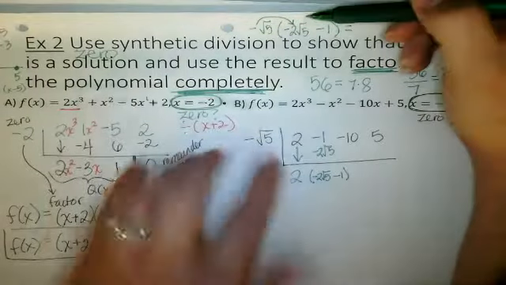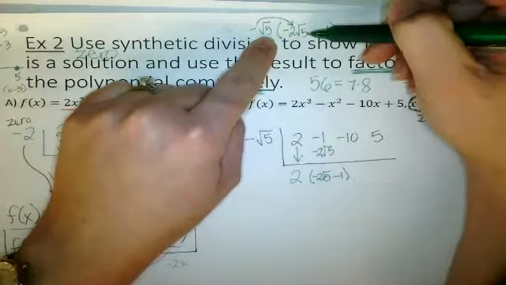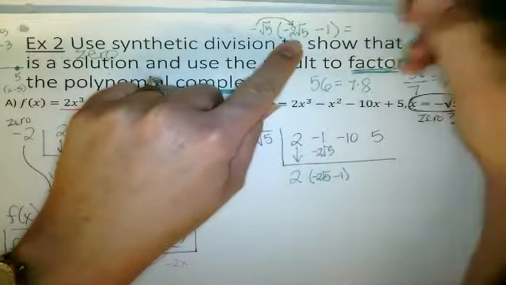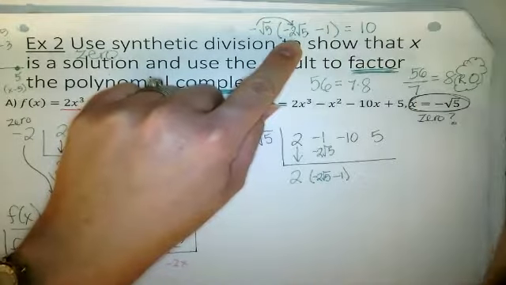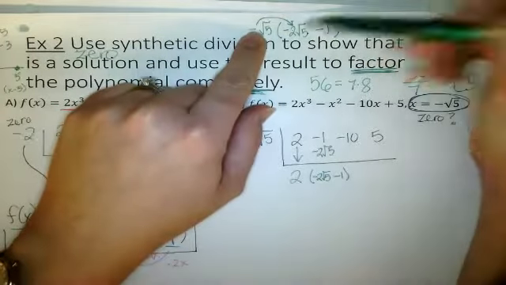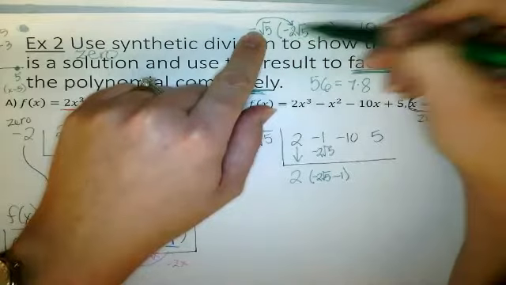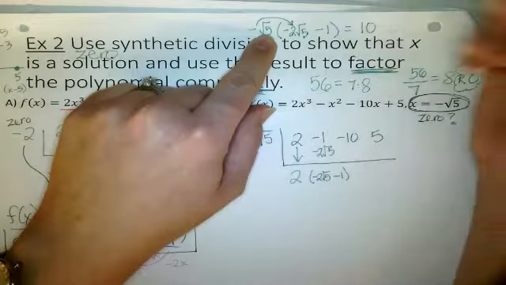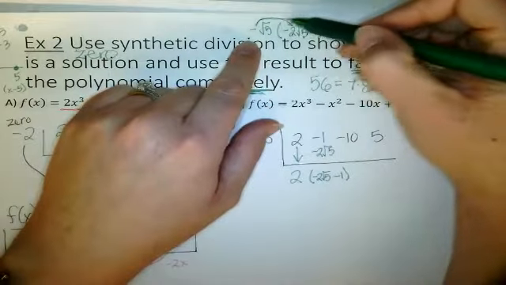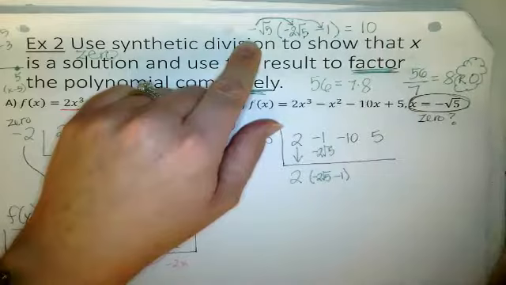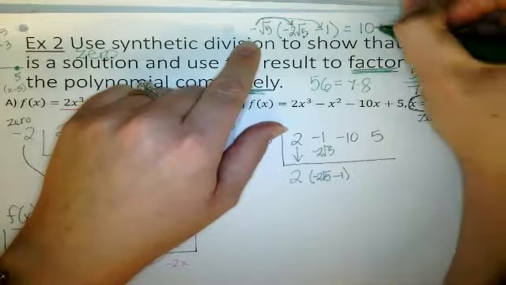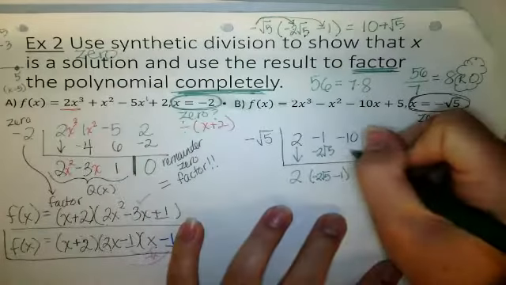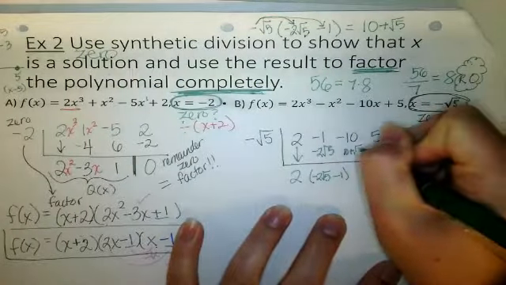Because radical 5 times radical 5 is 5, and negative times negative is positive, 2 times 5. All right, and then negative radical 5 times -1. Positive radical 5. Right? Negative times negative is positive. So we get 10 plus radical 5.